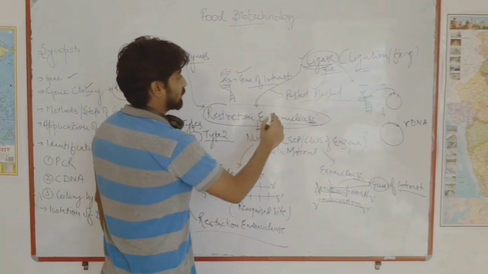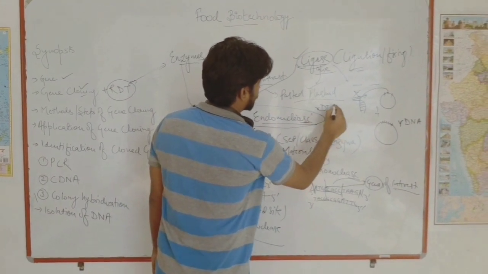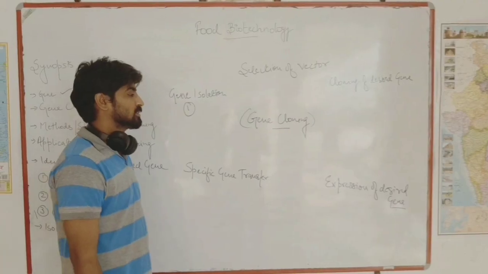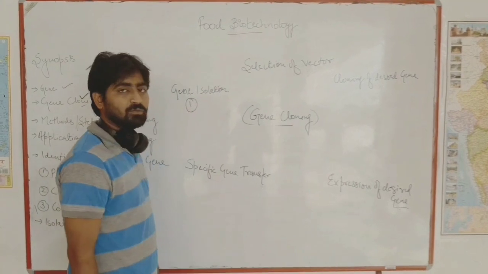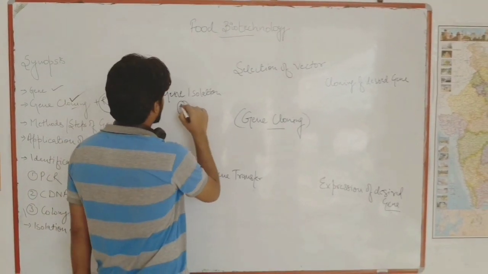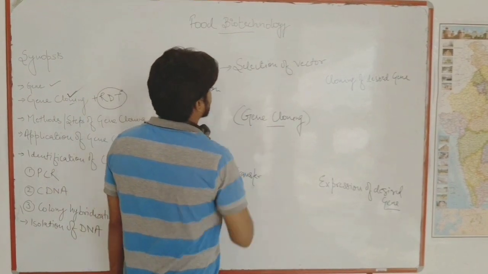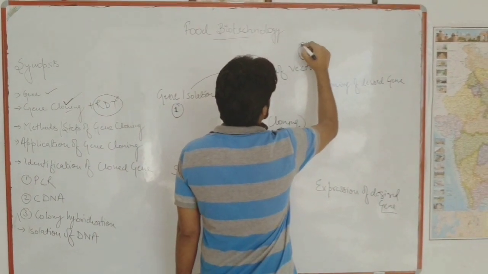Now we have dealt with the enzymes and we have talked about the rDT. So our next step will be gene cloning. In the steps of gene cloning, we will be taking the primary step as gene isolation, which we discussed in our primary classes. And after gene isolation, we will be selecting the vector. A vector is important, like a plasmid is referred to as a vector.